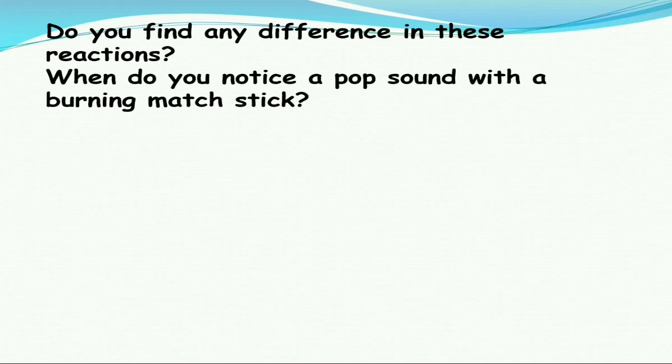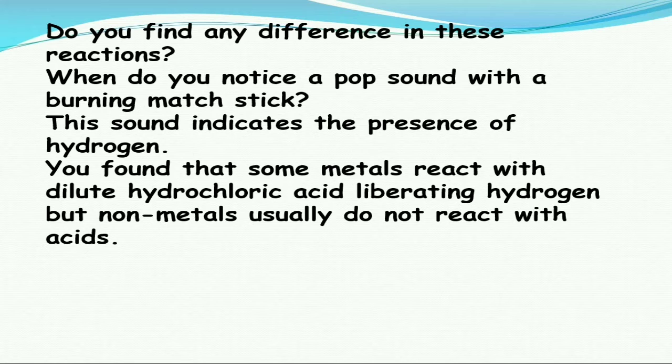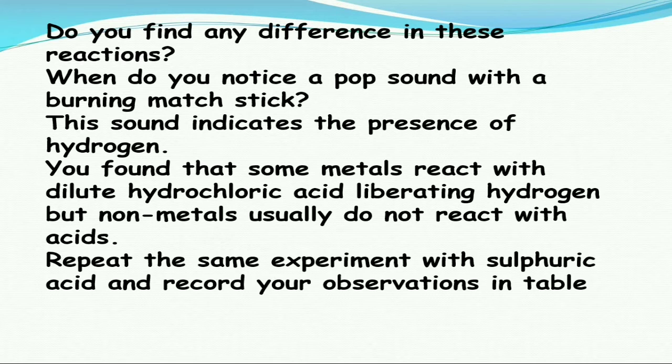Yes. When do you notice a pop sound with a burning matchstick? With hydrogen. This sound indicates the presence of hydrogen, and you found that some metals react with dilute hydrochloric acid liberating hydrogen, but non-metals usually do not react with acids. And repeat the same experiment with sulfuric acid and record your observation in the table.